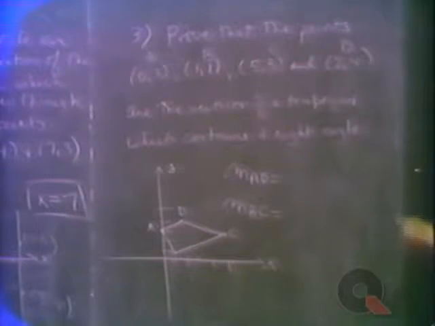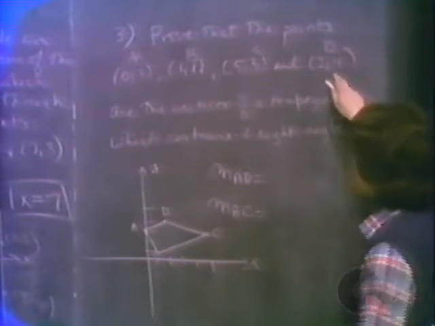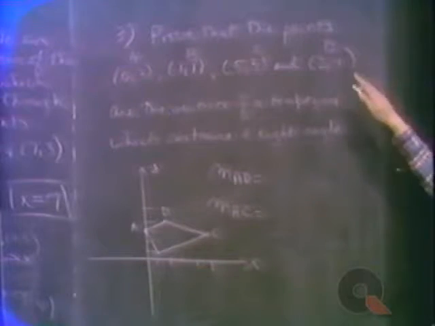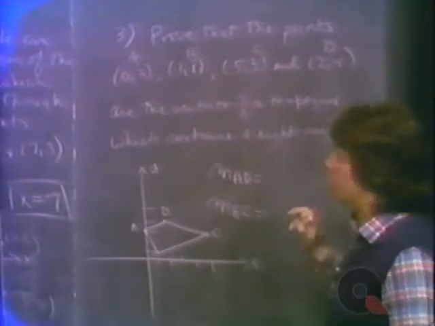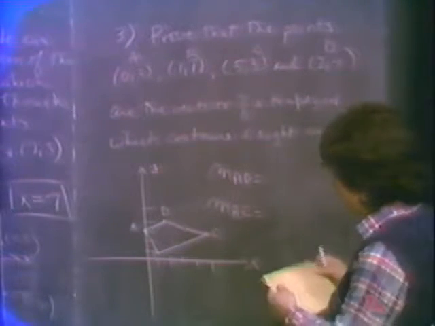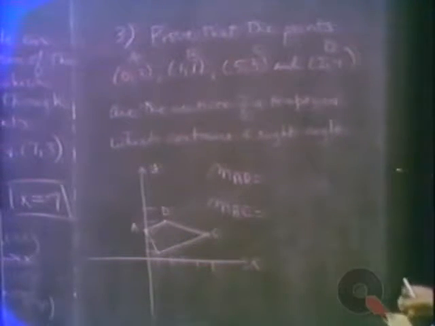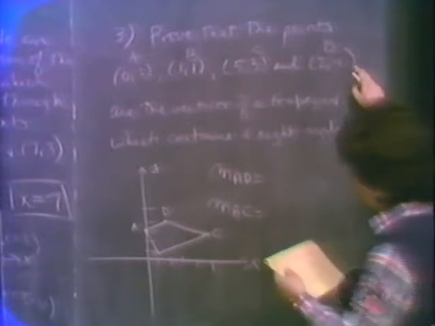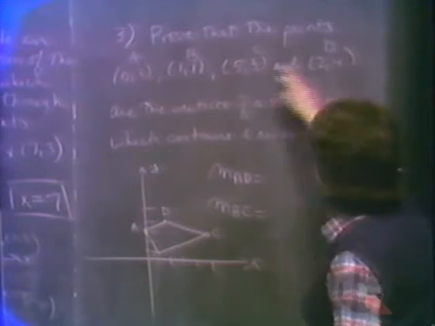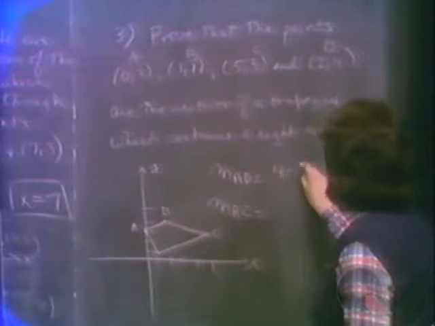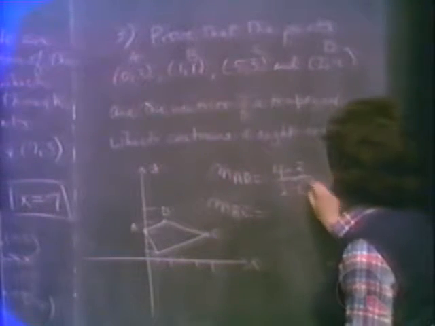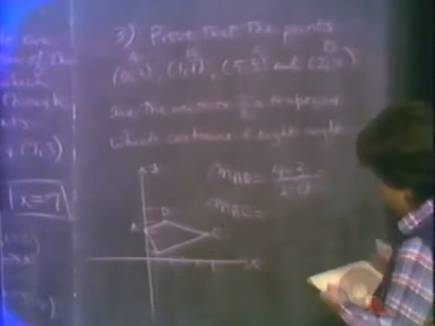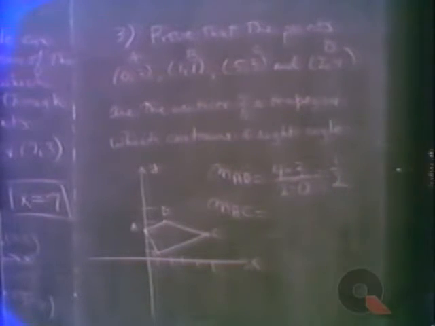Okay, the slope of AD. Here is A, and here is D. y2 minus y1 over x2 minus x1. It doesn't matter which you call your first point and which you call the second, but of course you must subtract in the same way. So if I go 4 minus 3, for y2 minus y1 over x2 minus x1, 2 minus 0, I have 1/2 for the slope of AD.